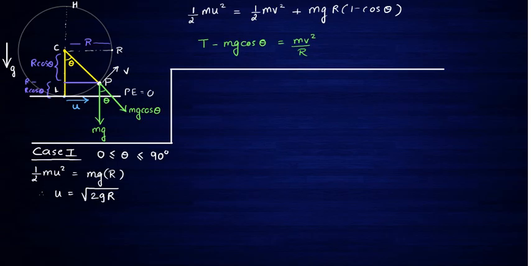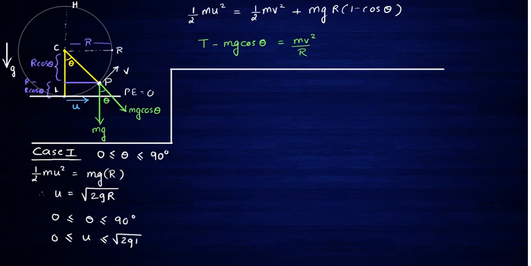Now it is very easy to understand that if we want theta to be between 0 and 90 degrees, then we have to keep the velocity u between 0 and under root 2gr.